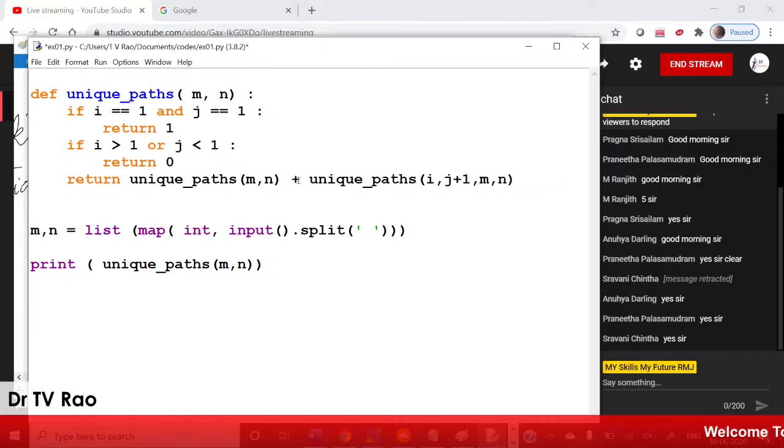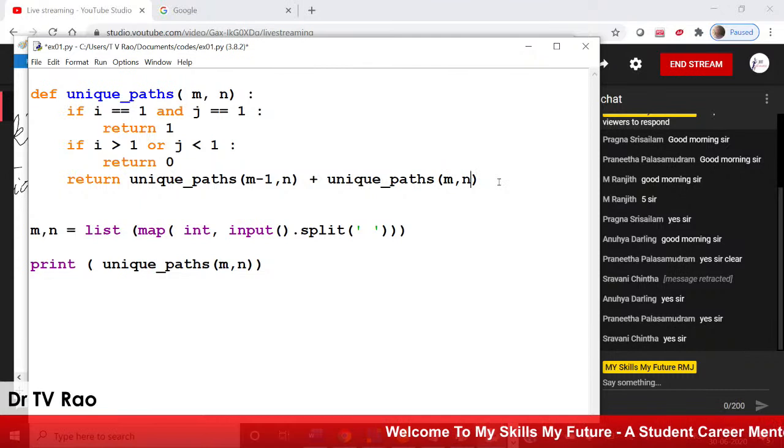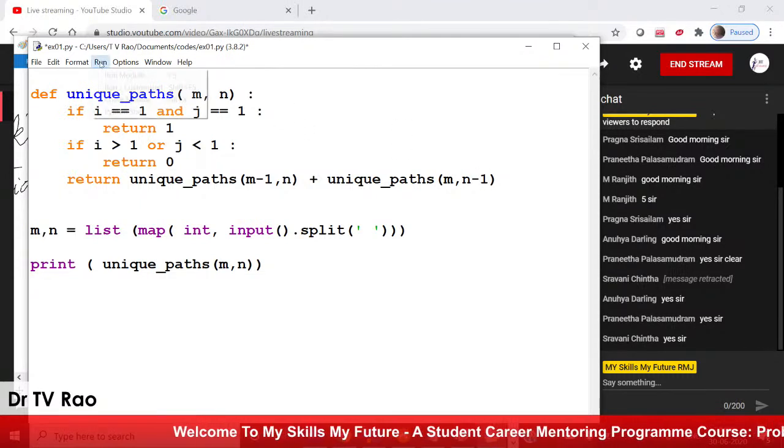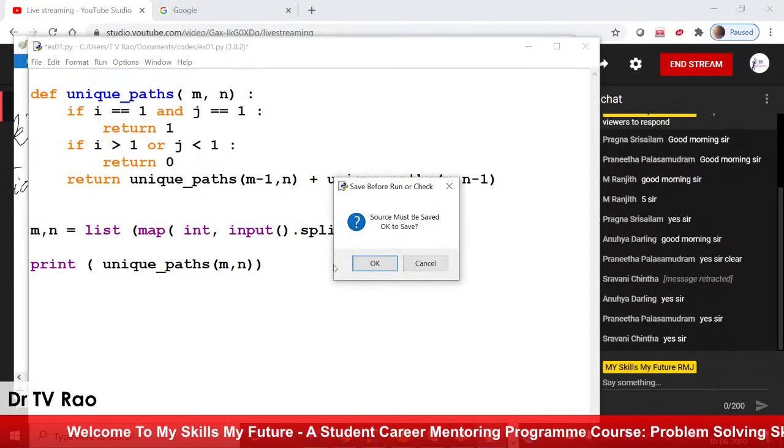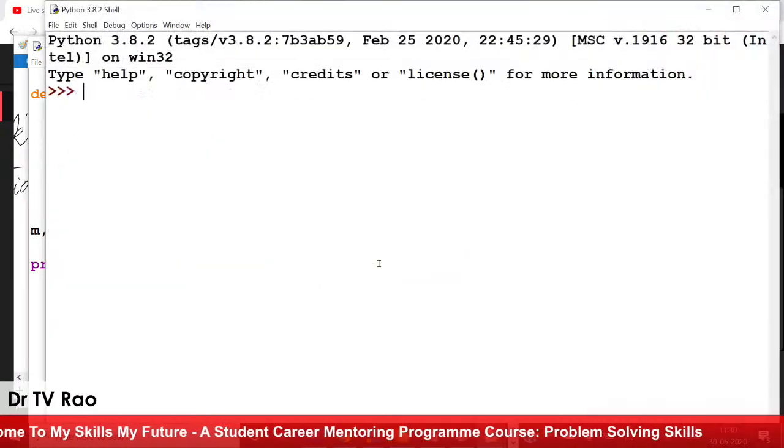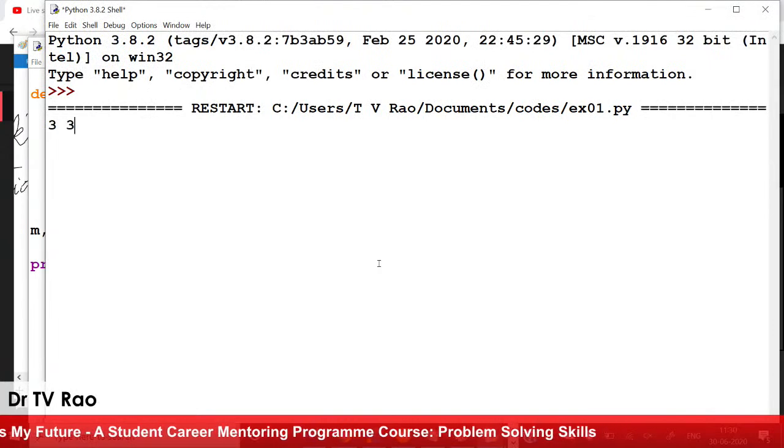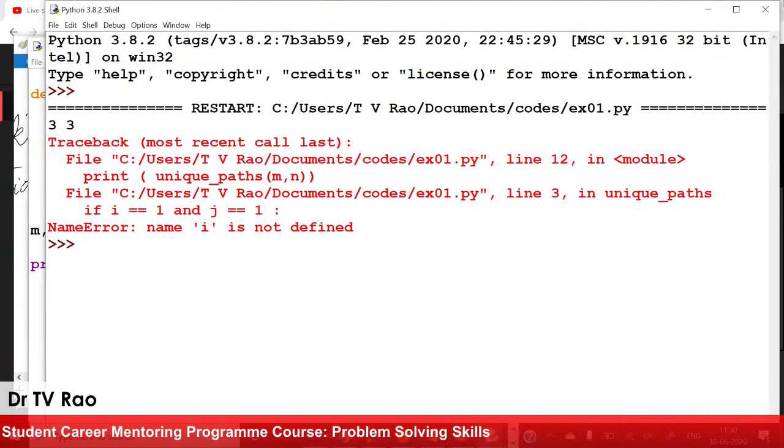And then from m, you go up, or you go right, or you go left. Okay. So this is bottom top approach. Somewhere I is there.